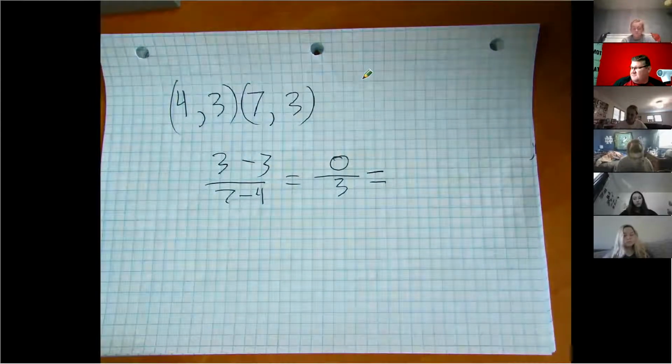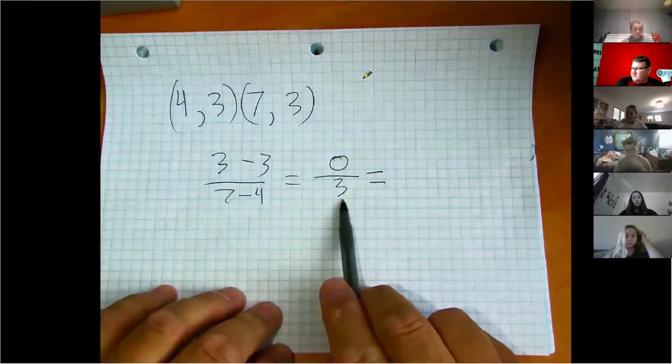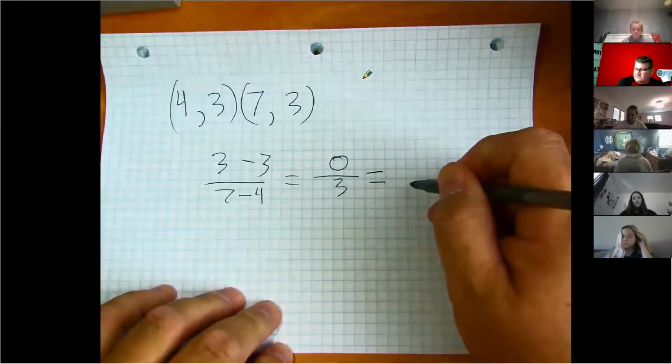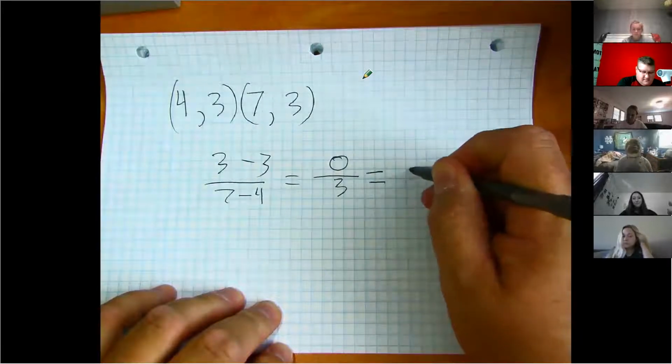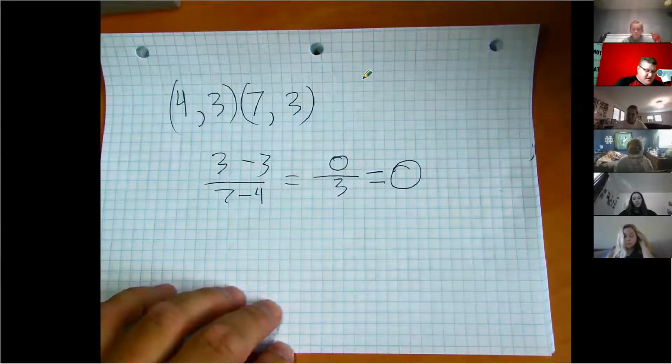Does everybody agree with me thus far? Perfect. Will Delta Math take this as an answer? No. Why? Not simple. Yeah, you got it, Hayden. Simplify. Good job.